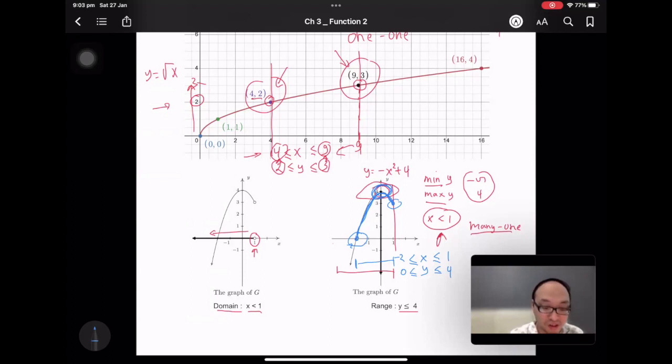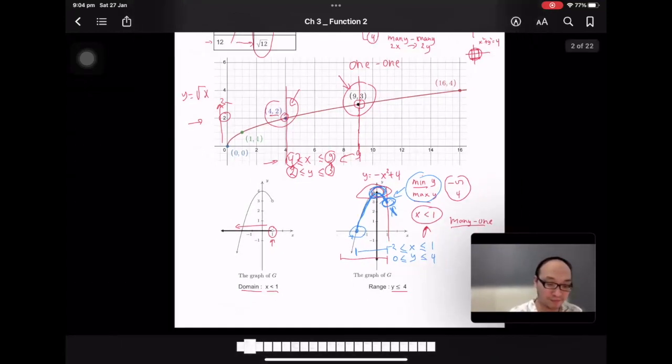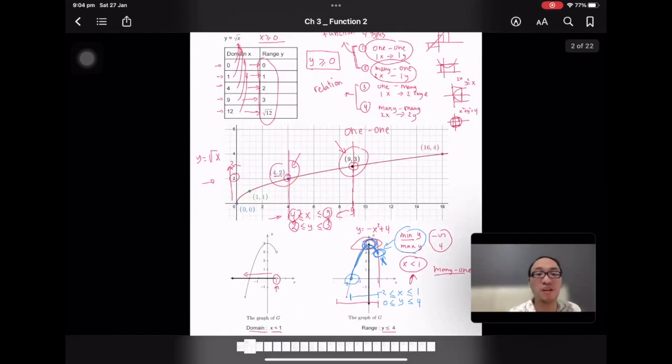Even though the end of the domain has the value of 3 on the y-axis, the range uses the minimum and maximum values, so we have to consider the other value that is greater than the border of the domain. So we take 4 instead of 3. So that's how you find the range from a given function in a given domain.